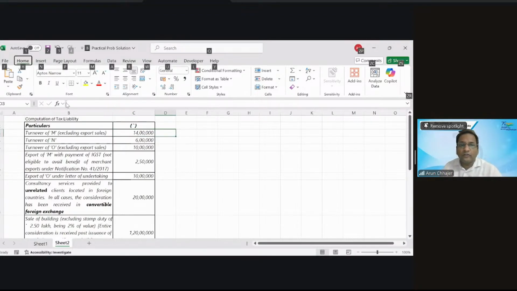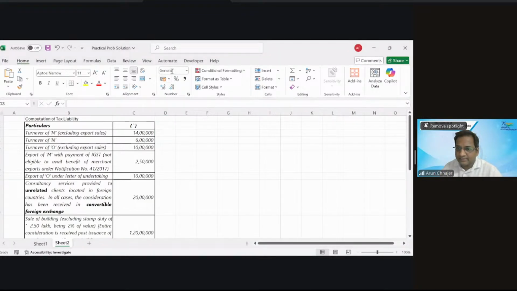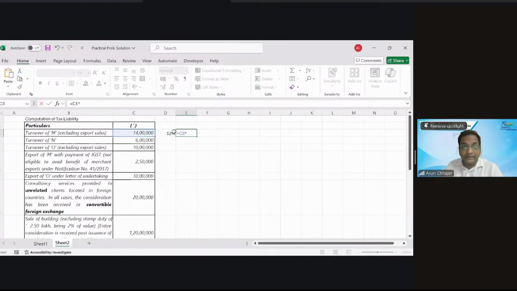Turnover of product M. One second, there is some need to check for other charges. Okay, RCM. Okay. Fine. So turnover of M, goods are taxable at 12%, right? So I can say 12%. What is the GST liability? Simple.